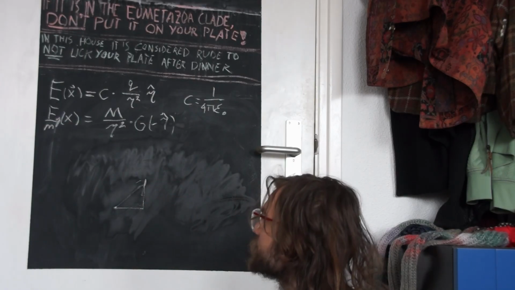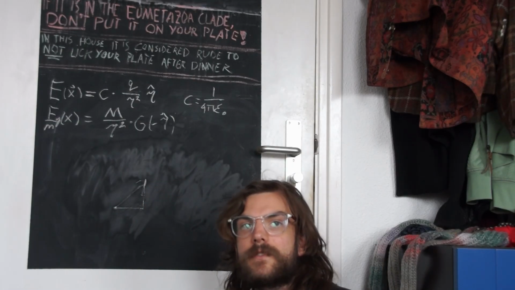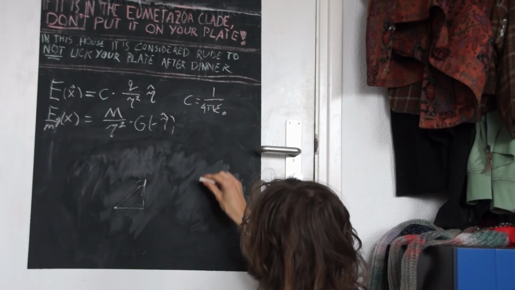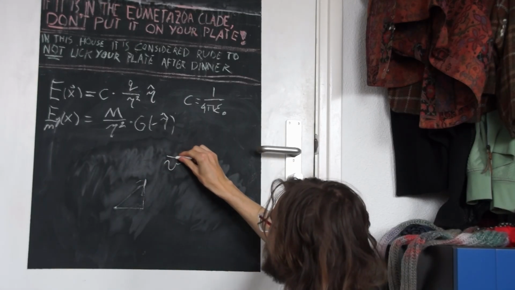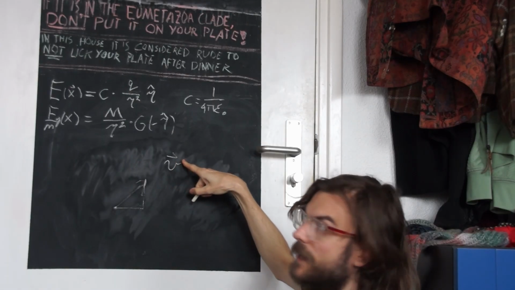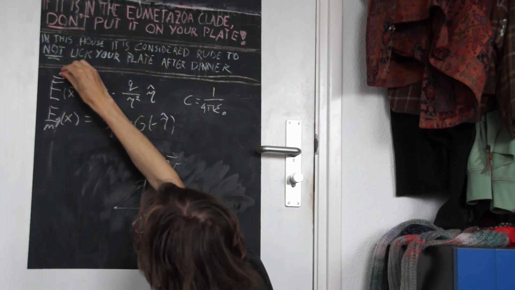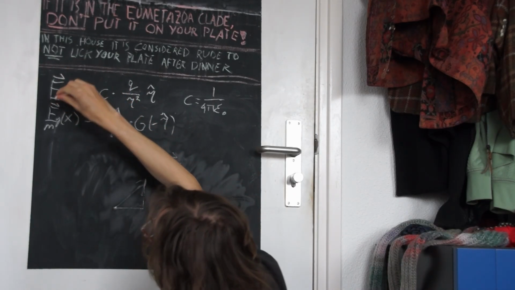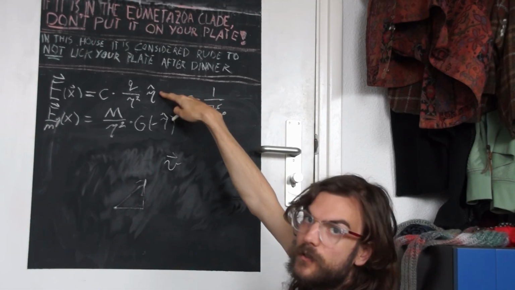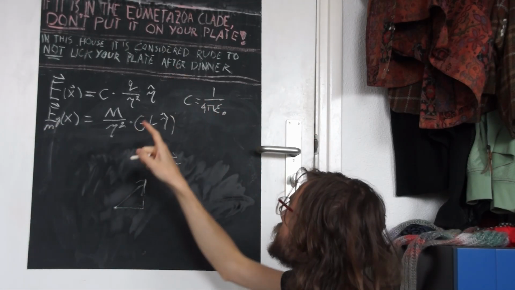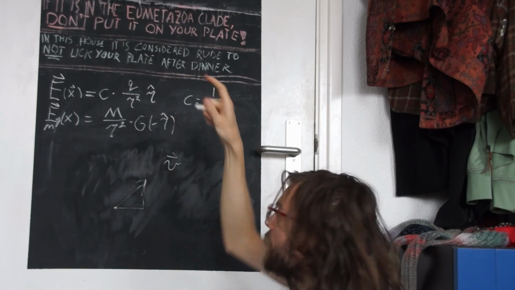So you need 2 total numbers to represent an arrow in 2 dimensions. And we notate that often with, if we have a vector, which sometimes we put a little arrow above. If I want to be consistent, I can do that here. And then a hat is a vector of length 1. So that's called a normalized vector.